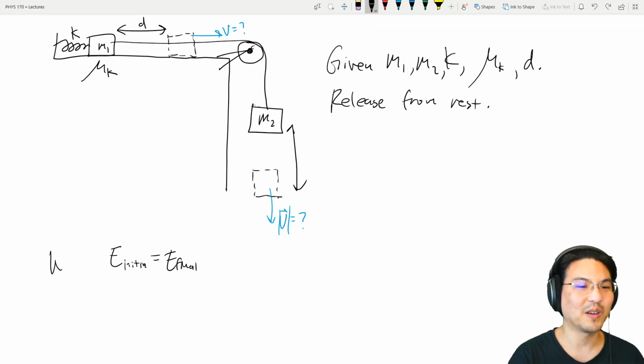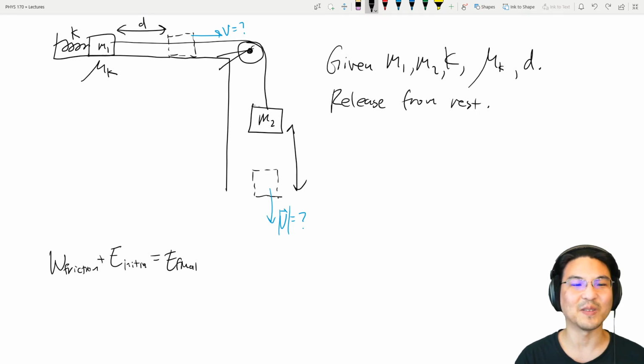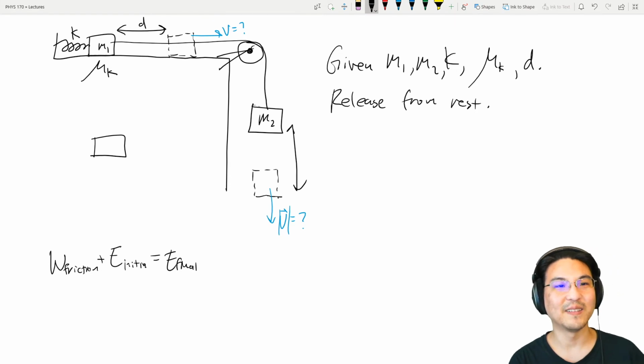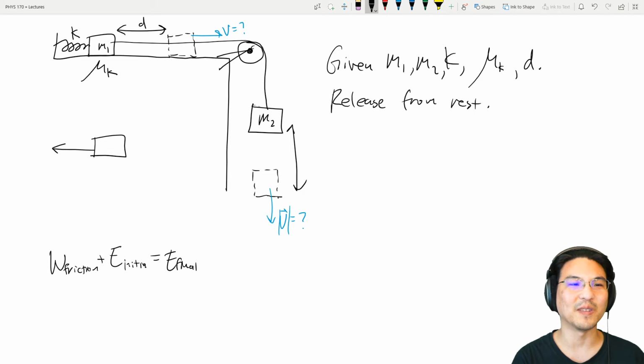So there's work by a non-conservative force, friction, kind of messing up our energy conservation. So first, how much is this? The block is going toward the right, so the friction force is opposing the motion this way, kinetic friction.